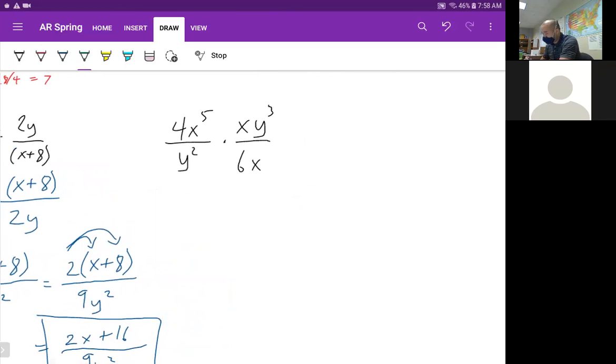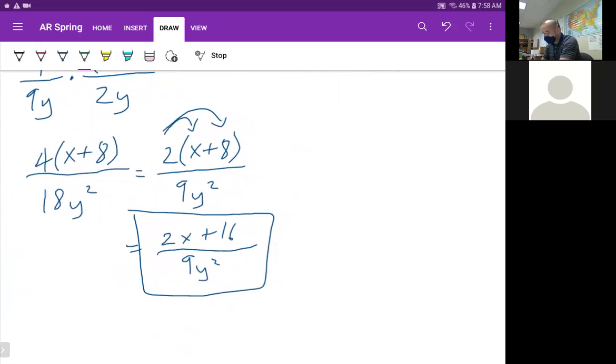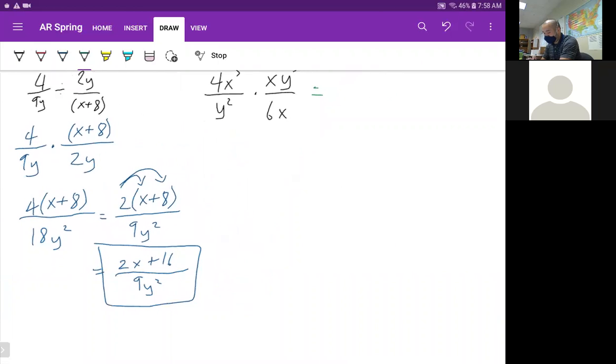Okay, last one. I don't think I got what you did. Where? Okay, so you had 4 over 9y divided by 2y over x plus 8. And then you flip the other one. Yes. But why did you move the 9y and the 2y? Oh, because 9 times 2 is 18. And then y times y is y squared.